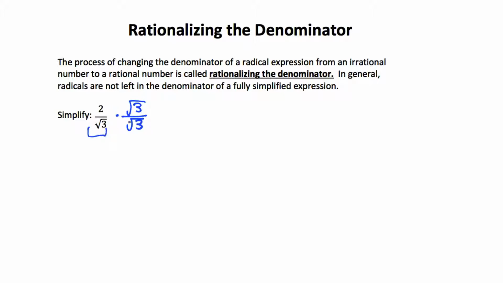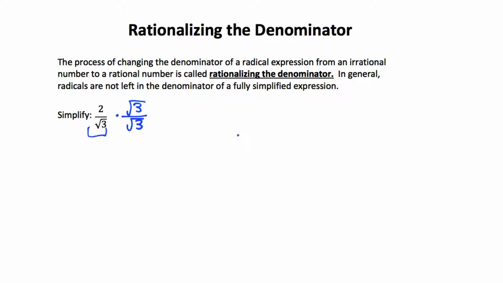I have a number, and if I multiply by this quantity, which is basically 1, something divided by itself is 1. We know that something multiplied by 1 will be the same after we've done that multiplication. So we can definitely multiply top and bottom by the square root of 3.